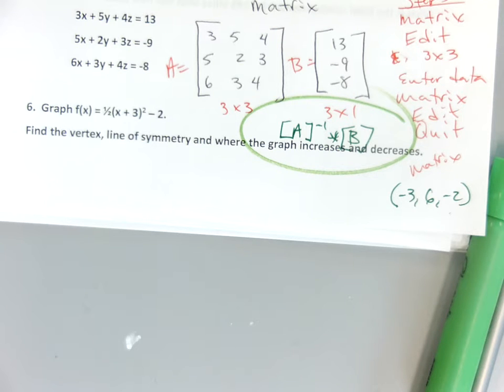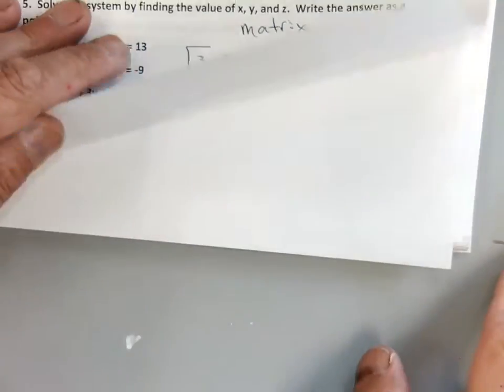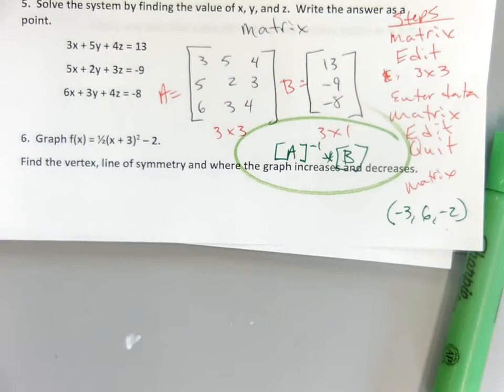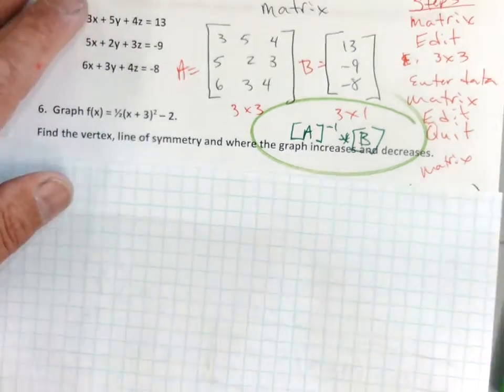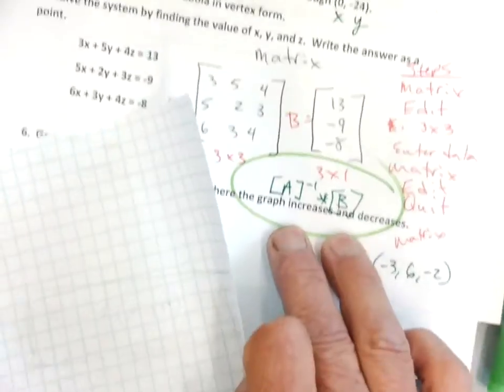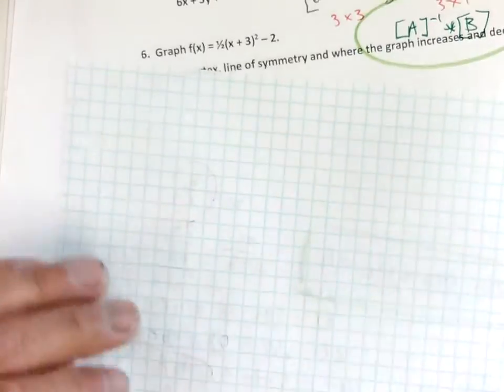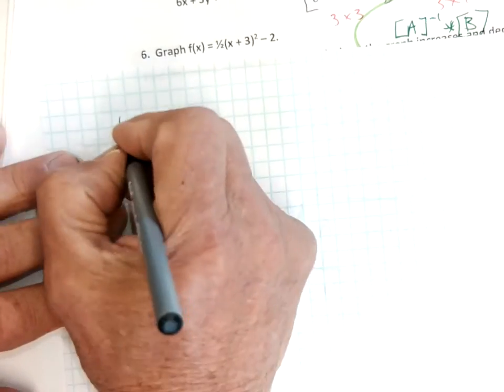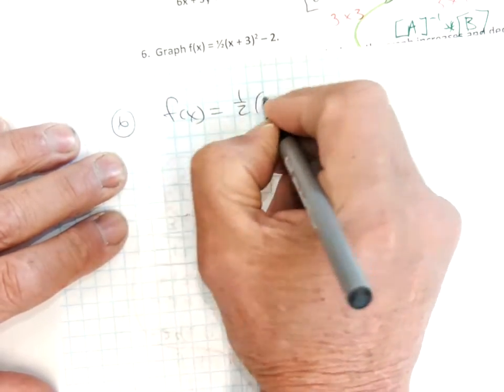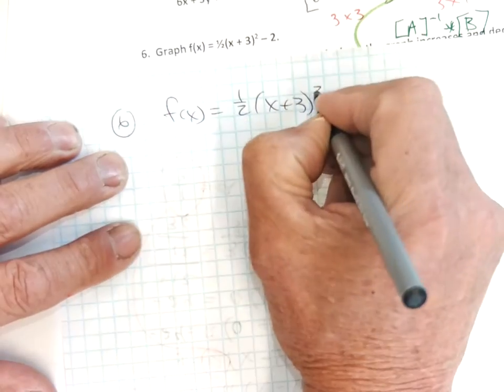All right, now, let's take a look at number 6, okay? Number 6, I'm going to get to my graph paper again. Number 6 is graph f of x equals 1/2 (x plus 3) squared minus 2.